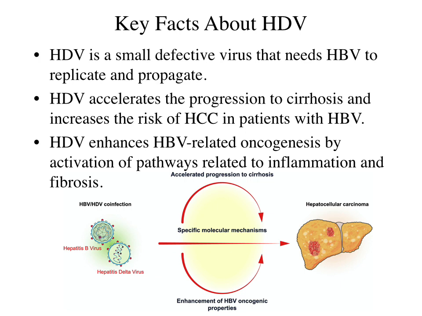Hepatitis D has a strong impact on the disease profile, and it depends on whether you had superinfection or co-infection, but it can accelerate the progression to cirrhosis and increase the risk of hepatocellular cancer in patients with hepatitis B virus. And it enhances hepatitis B related oncogenesis, thought to occur through pathways related to inflammation and fibrosis.